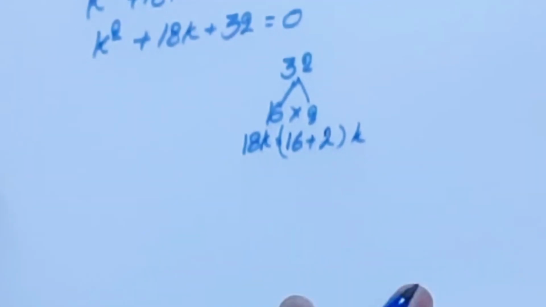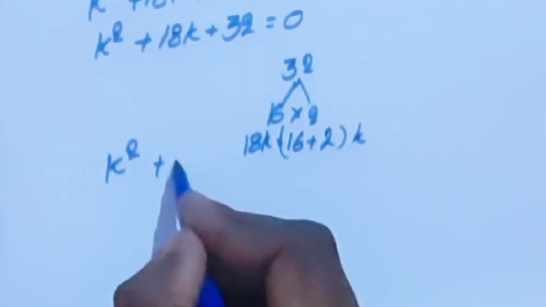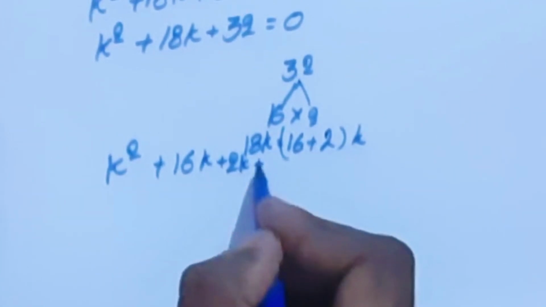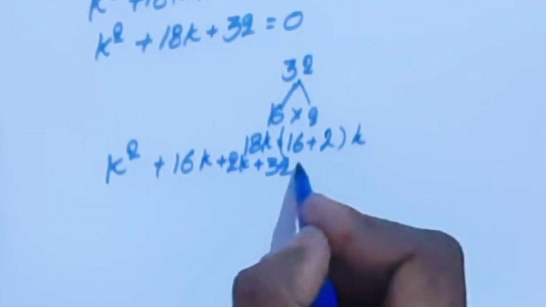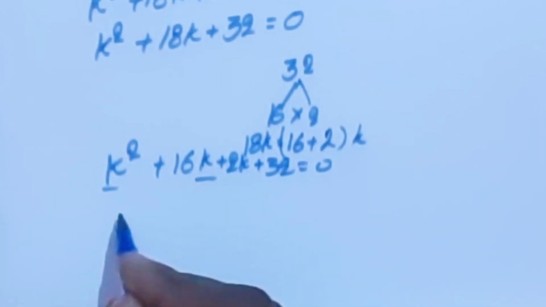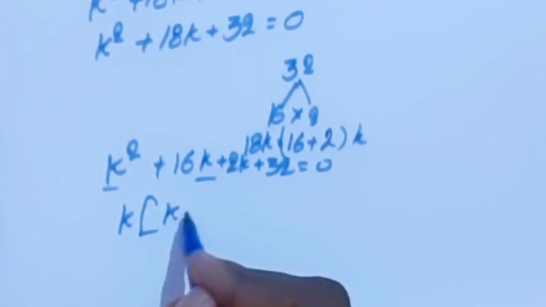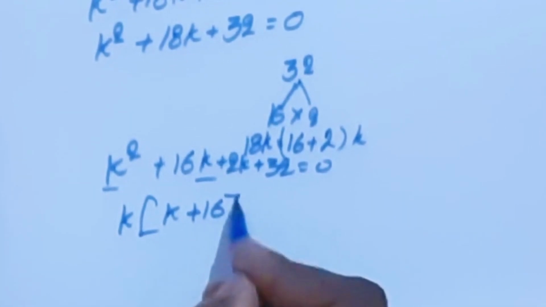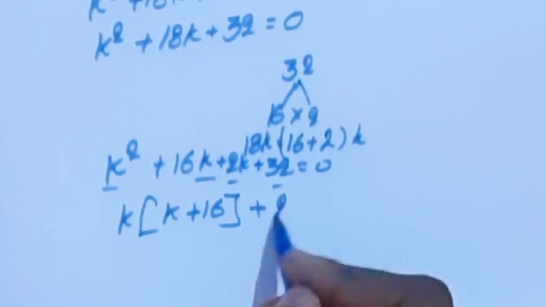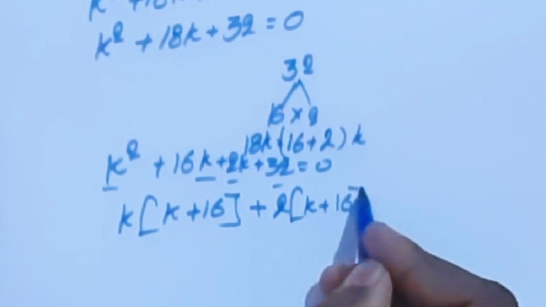So applying this here, k^2 + 16k + 2k + 32 equal to 0. Now we are going to take k common from this. So k(k + 16) plus, taking 2 common, 2(k + 16) equal to 0.